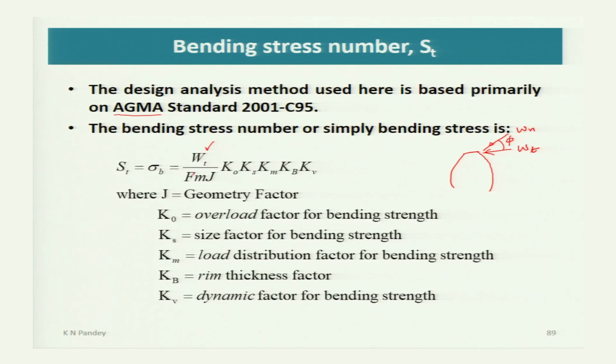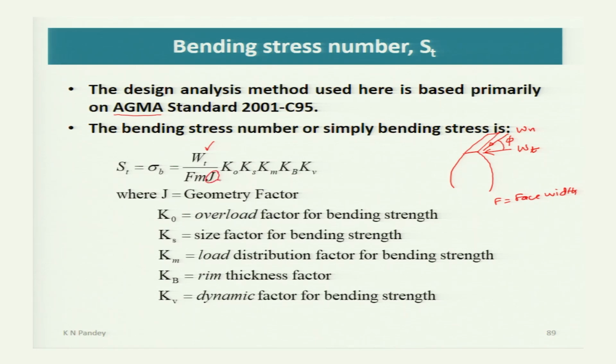Wt is divided by F. F is the face width, this length. Okay, and M is the module, and J is a new factor.